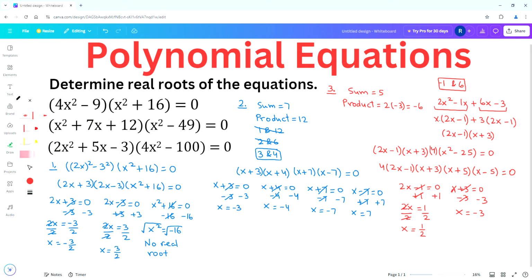Now we can analyze the third factor. The third real root is negative 5. Next we can analyze the fourth factor.